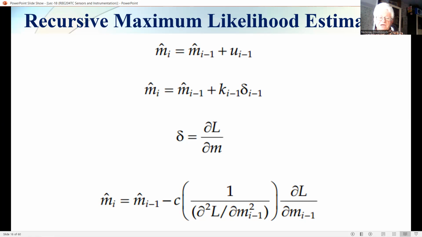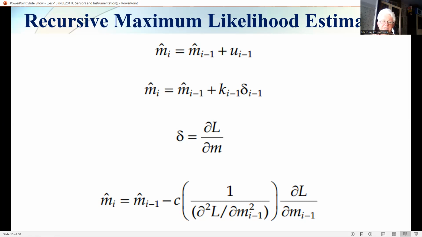Specifically, k should be inversely proportional to the second derivative of L with respect to m. This second derivative is called the Hessian. This second derivative is negative because the gradient, the first derivative, decreases as we reach a maximum point.